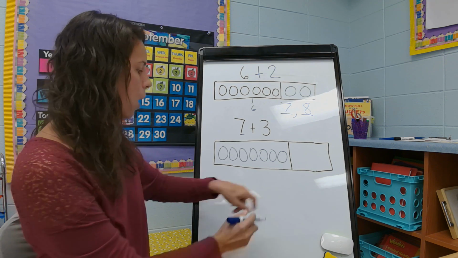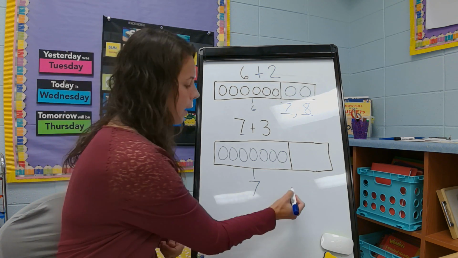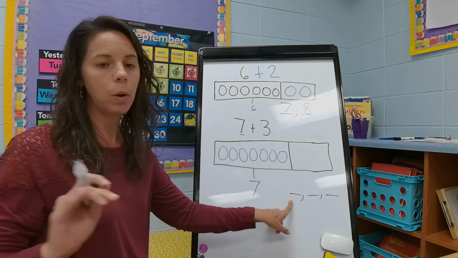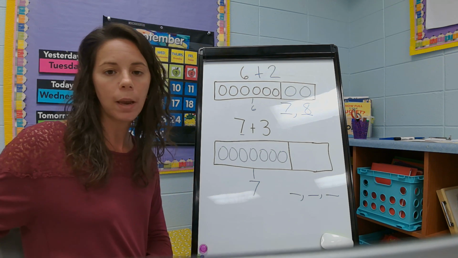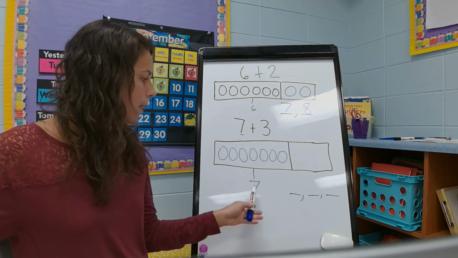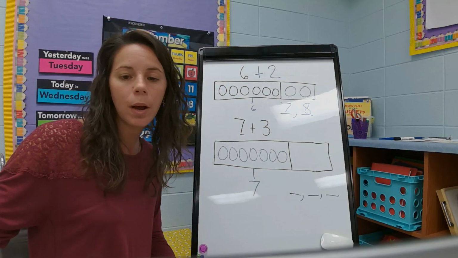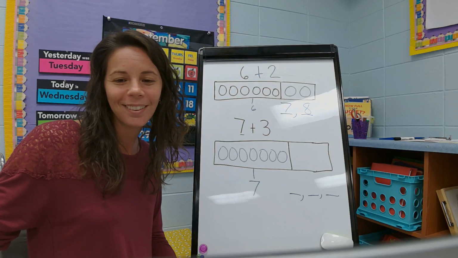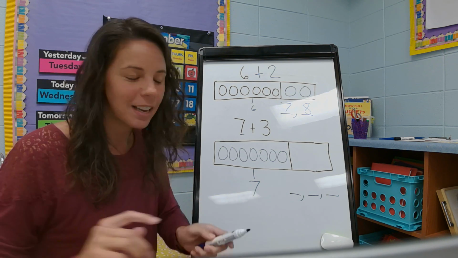Fantastic. Now that we know we have 7, we need to add on 3 more. So what would we say? What would our numbers be? Move it down just a little for you. 7. Let's count on. Who can tell me what numbers come after 7? Go ahead. 8.